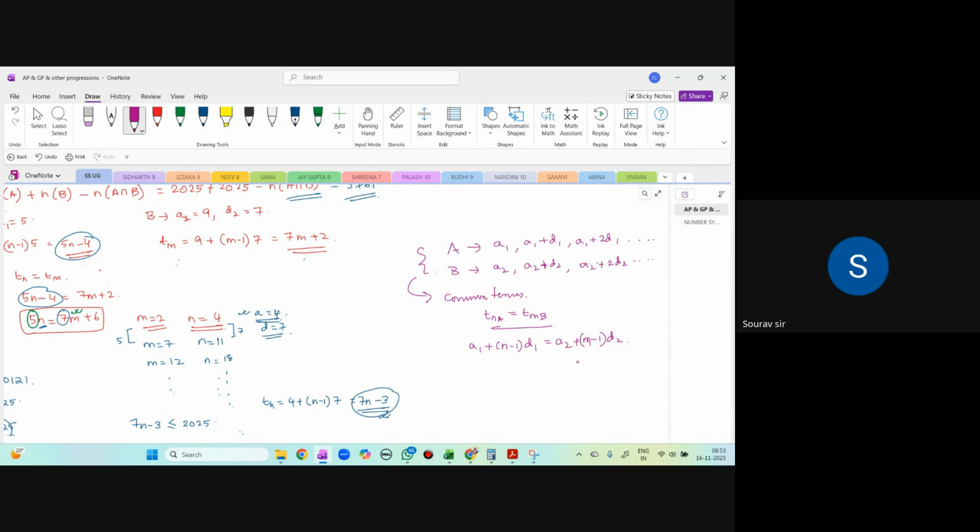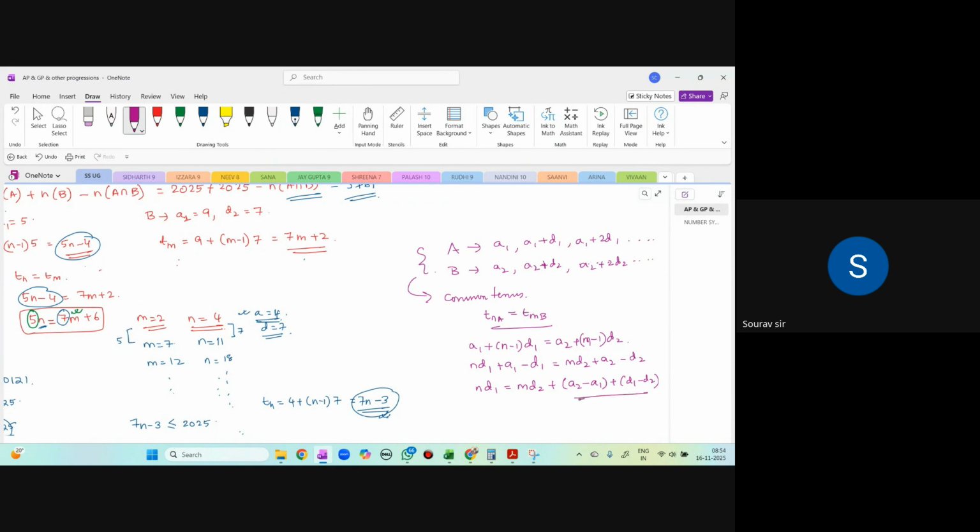So from here, you have an equation between n and m, which is n D1 equals m D2 plus A2 minus A1 plus D1 minus D2.